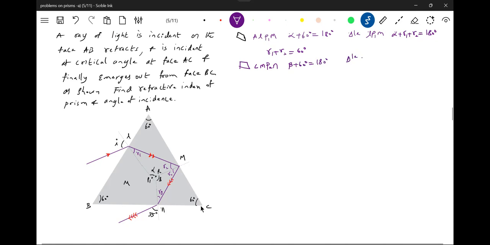So in the triangle, this should be equal to 180 degrees. Solving all this, again we'll get R2 plus R3 equal to 60 degrees.